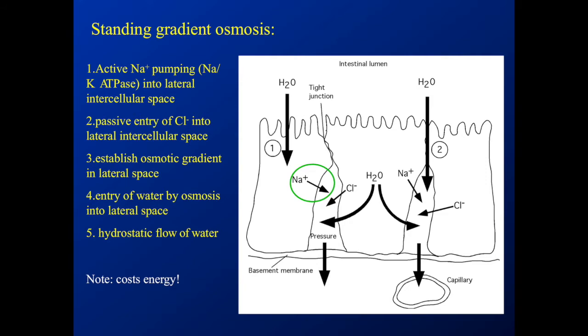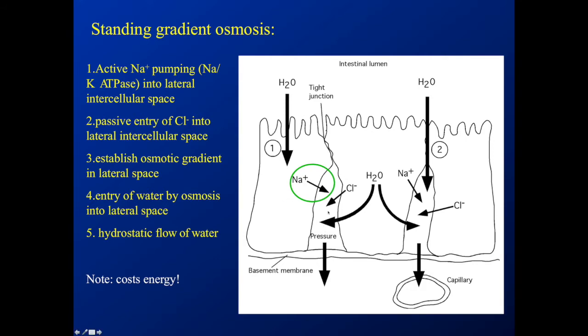And what happens here is that you have these enterocytes next to each other, and they have these intercellular spaces. And via the sodium-potassium ATPase, sodium is pumped into this area, and in order to maintain electroneutrality, chloride then passively flows into this area.